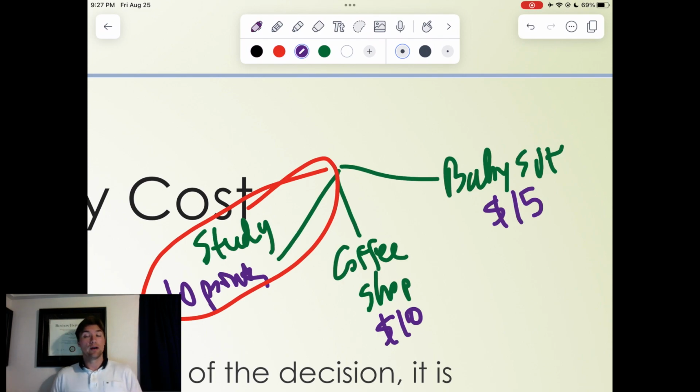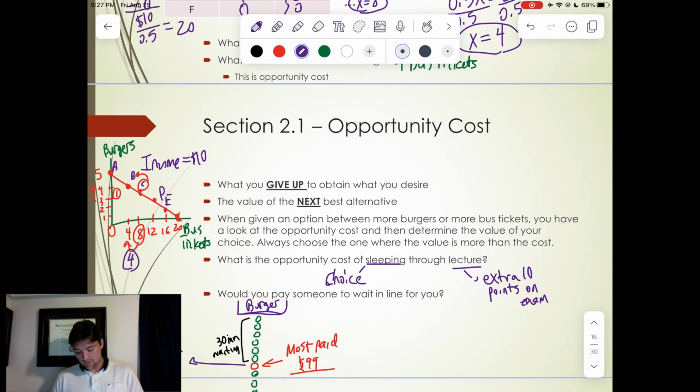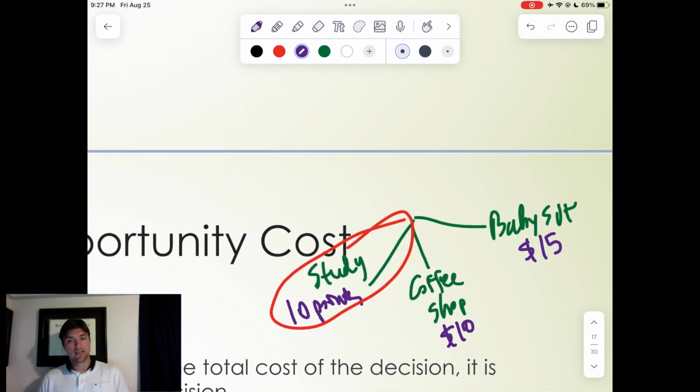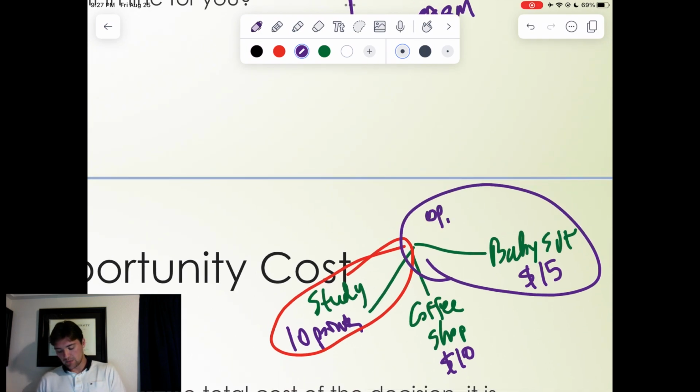And if you're wondering why is it not 10, why is it not 25, let's go back to the definition. The definition says the value of the next best alternative. So because you study, what is the next best? That would be here. So this is our opportunity cost. You are always going to choose the next best for the opportunity cost.